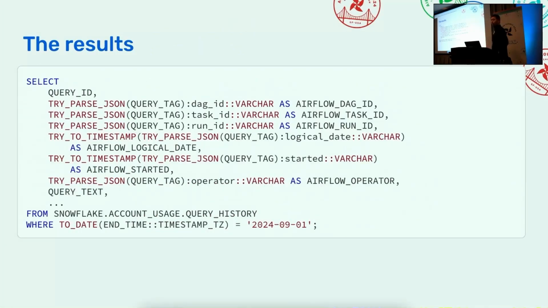And so with that, what you can then do is in the same query history table, you have a column for query tags, and you can then parse the JSON and look at all the Airflow metadata in the same query. And so you would do something like this, where you get your query ID, you get the query text, and then you would parse the JSON query tag field for the DAG ID, task ID, and all the Airflow related metadata.